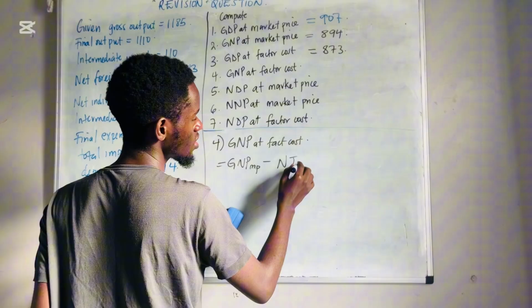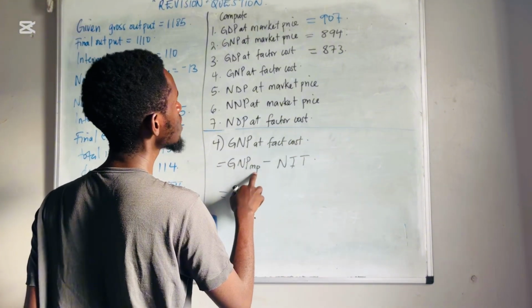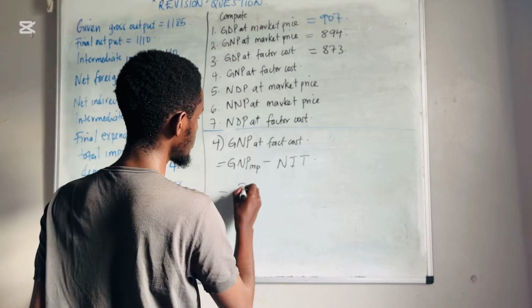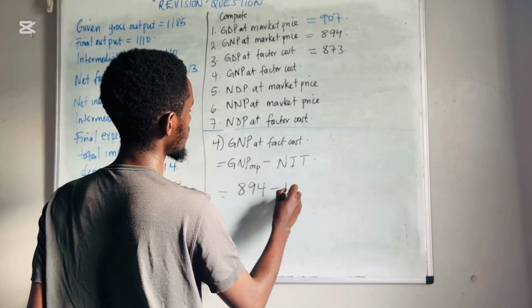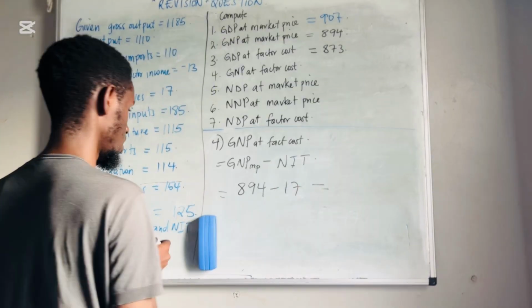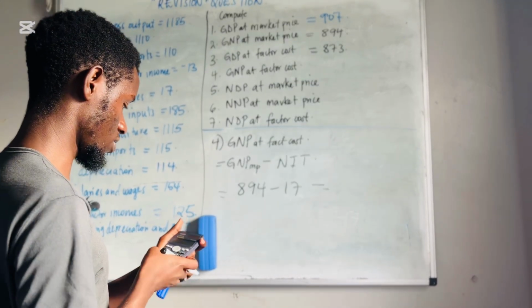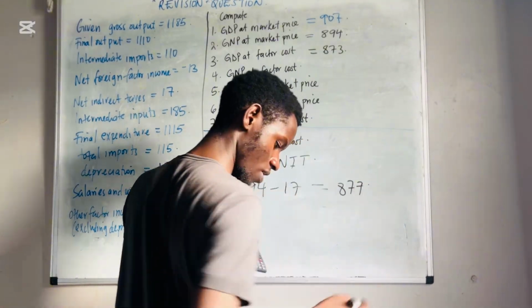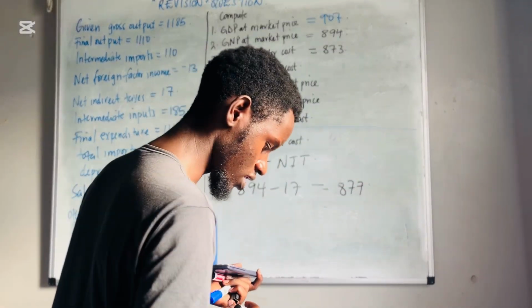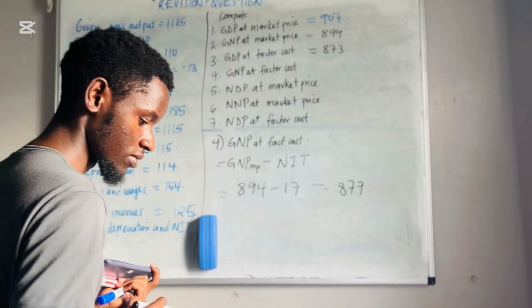Therefore, it's going to be 894 minus 17, and if we press the calculator, we have 877, and that is going to be our GNP at factor cost.